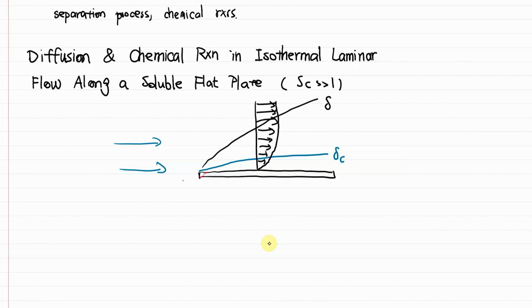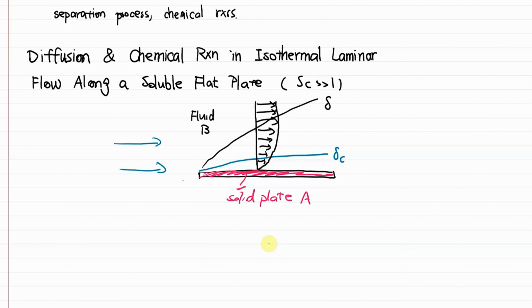Let's use red to color code this plate. So this is a solid plate A, and we have a fluid B here.